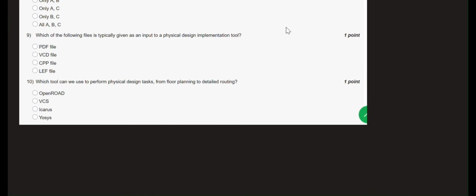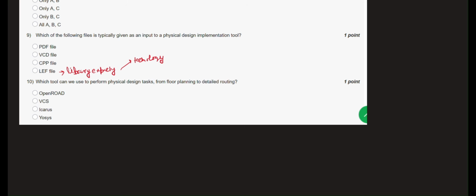Going to the ninth question, which of the following files is typically given as an input to a physical design implementation tool? Actually, this was the LEF file, the library exchange format, and there are two types: one related to technology and one related to cell.